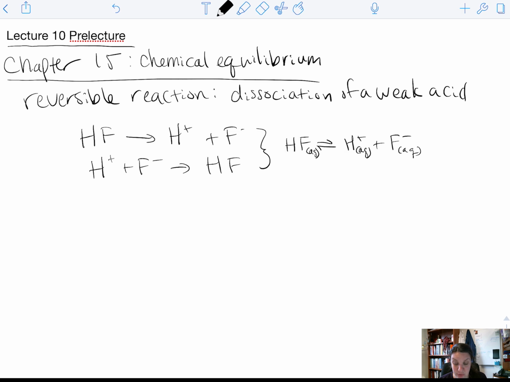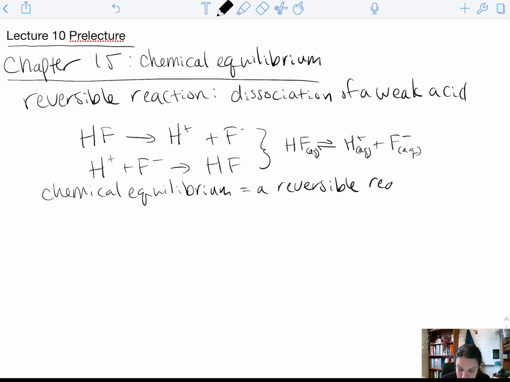With chemical equilibrium, we have a reversible reaction, and in this reversible reaction, the forward reaction rate is equal to the reverse reaction rate.